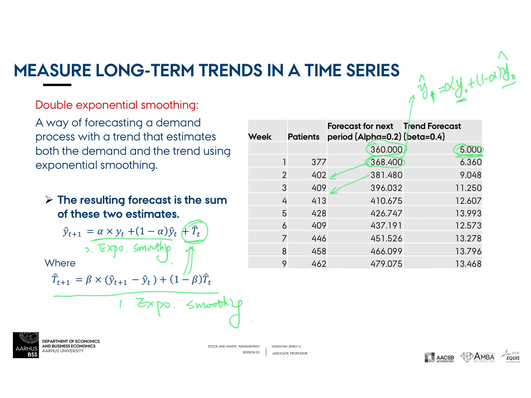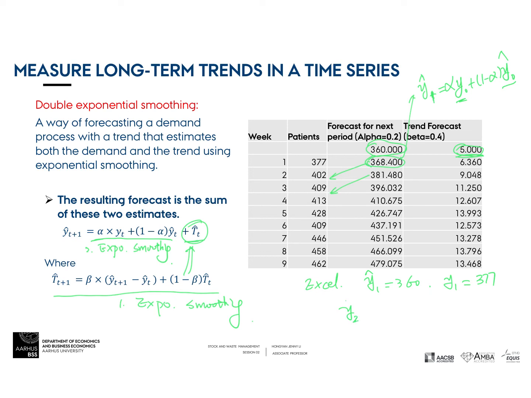In the Excel, what we did is take y1 estimate equals 360, and the y1 realized is 370.